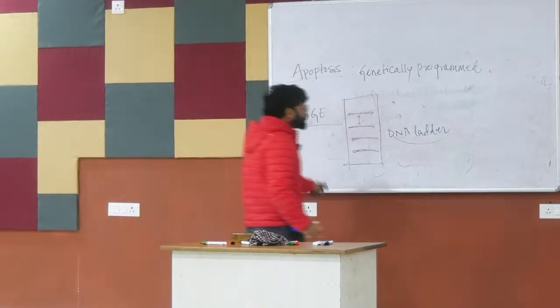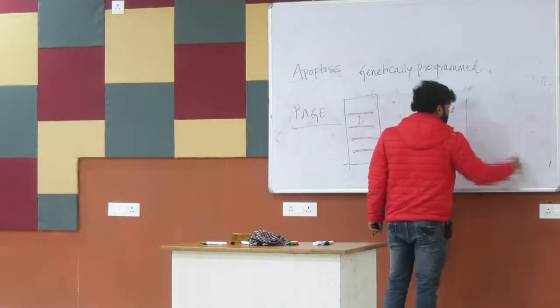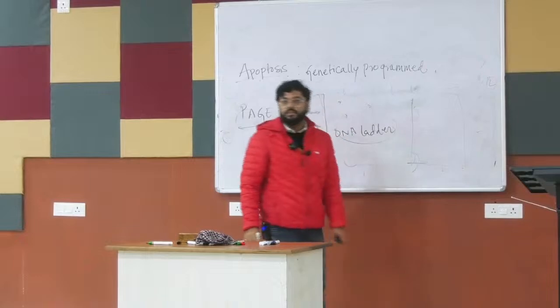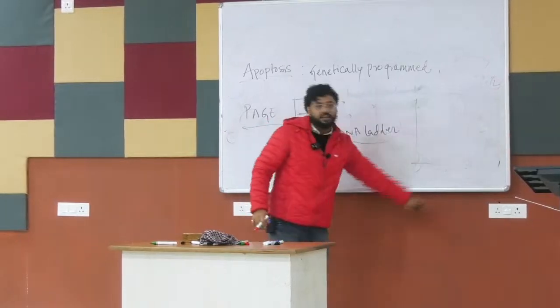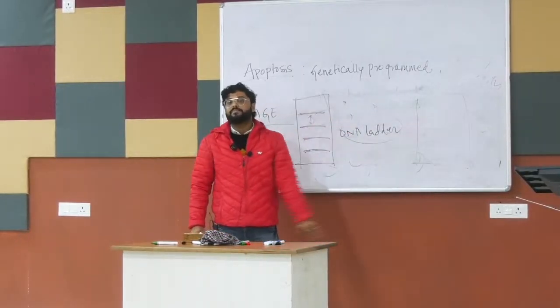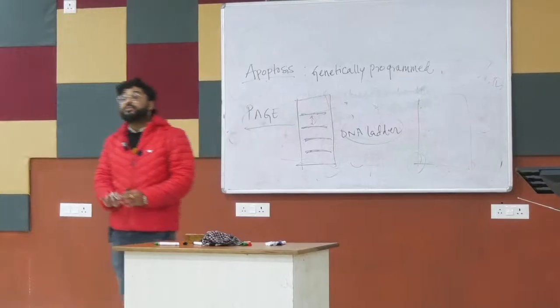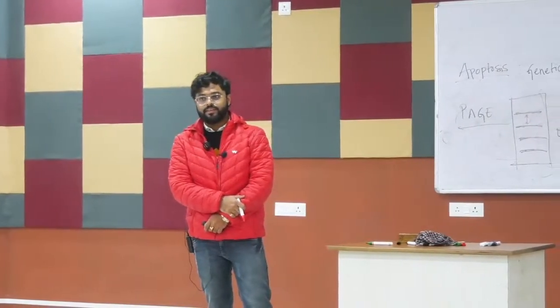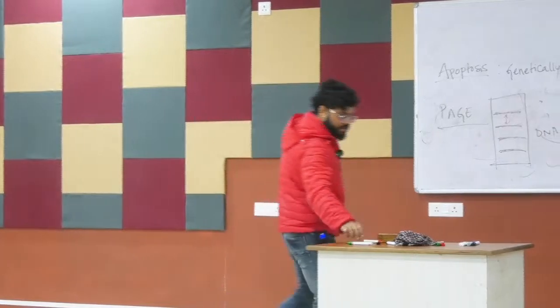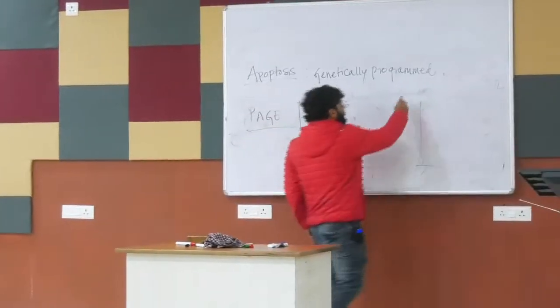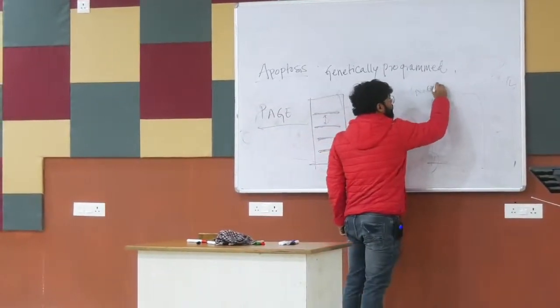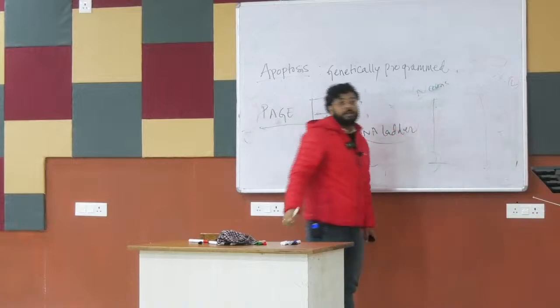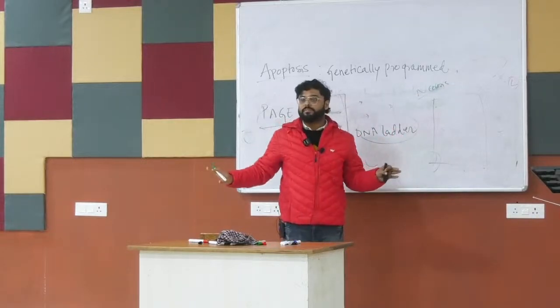But if I do this same thing in case of necrosis, then what will we see? A plain DNA pattern. There will be no ladder pattern. Okay? What is happening? In case of necrosis, what is occurring? A total tissue is damaged.